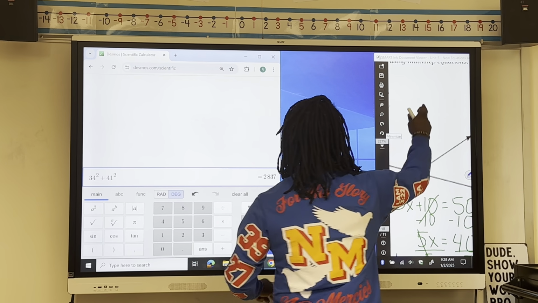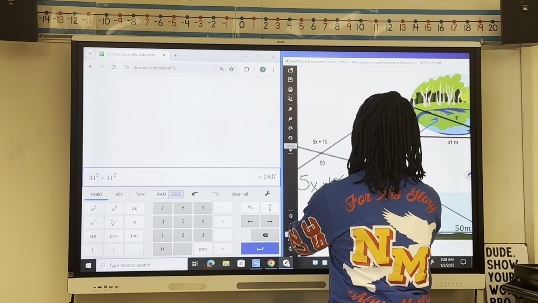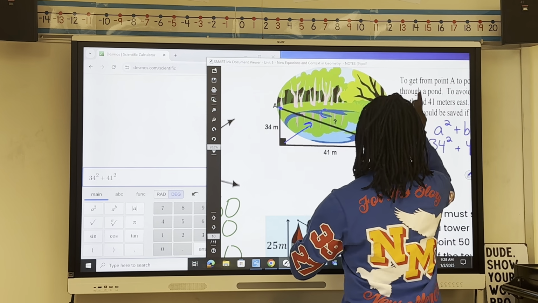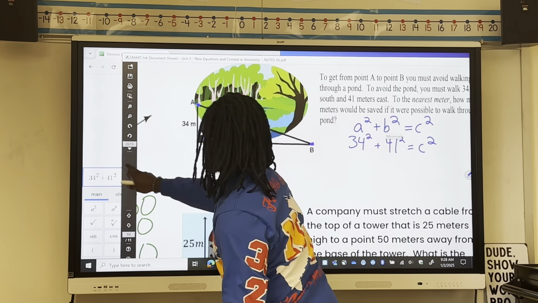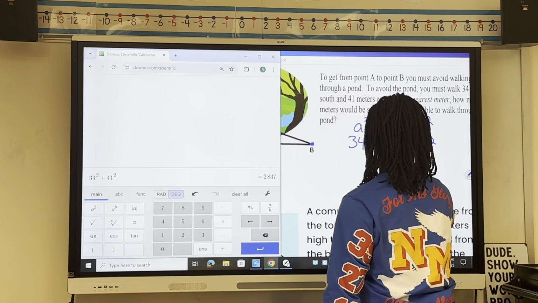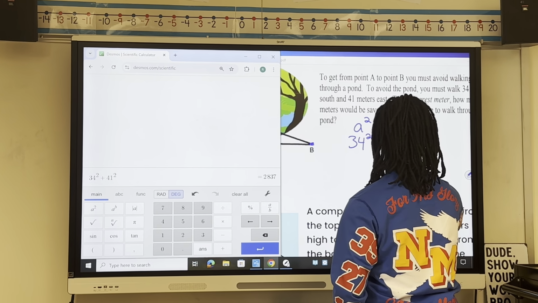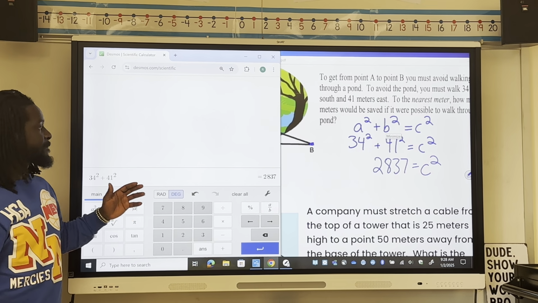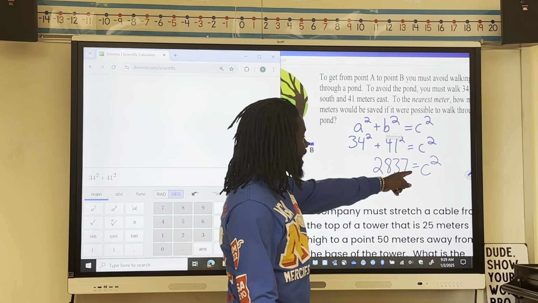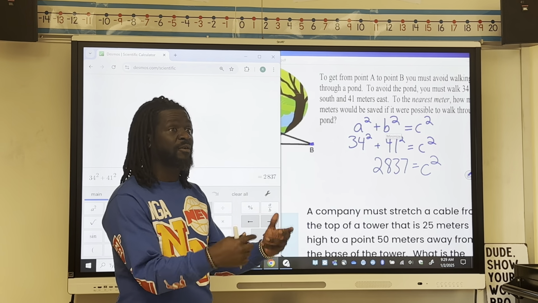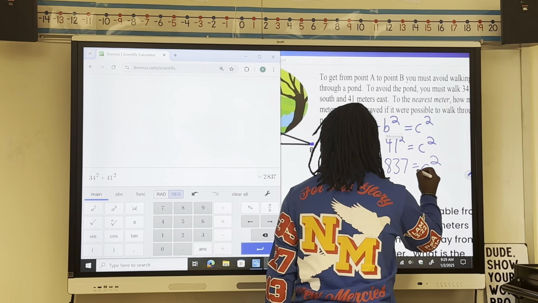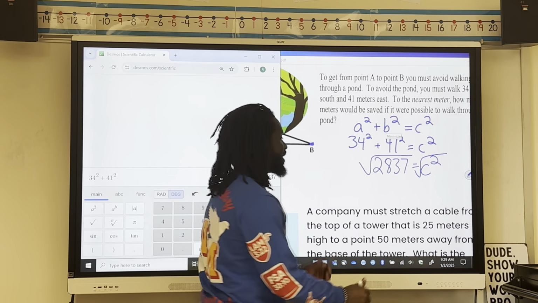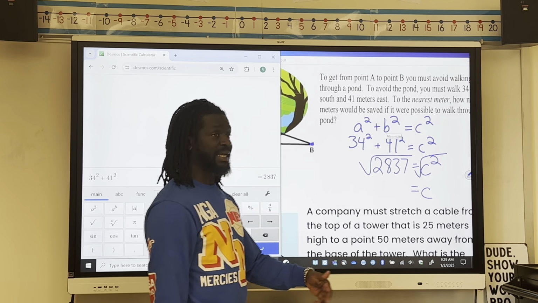And when I do that, that gives me 2,837. And that equals C squared. Now to get rid of the squared, I have to do the square root. Whatever I do to one side, I must do to the other side. So to get C by itself, I have to take the square root.